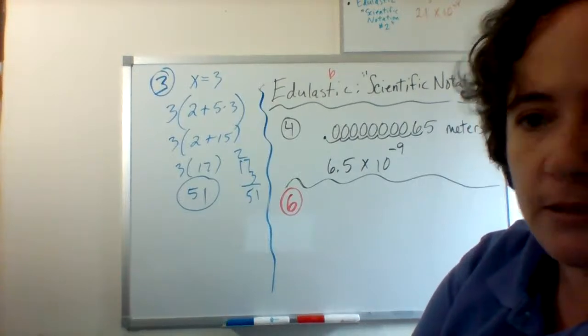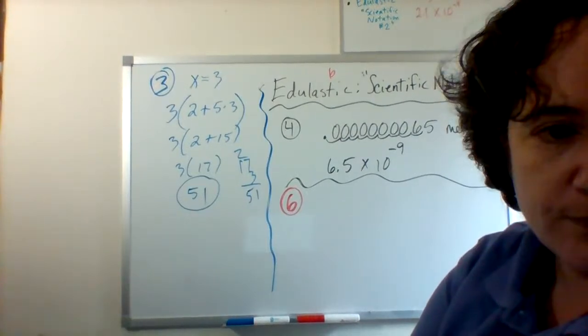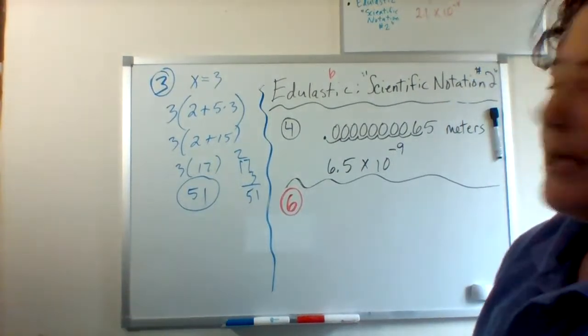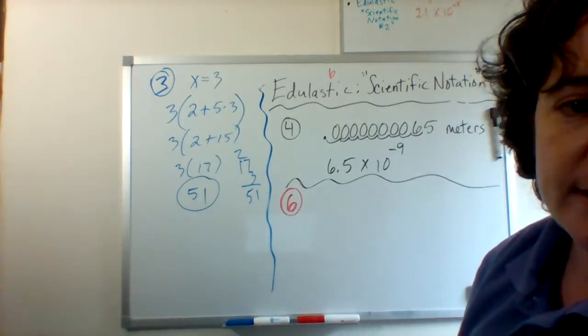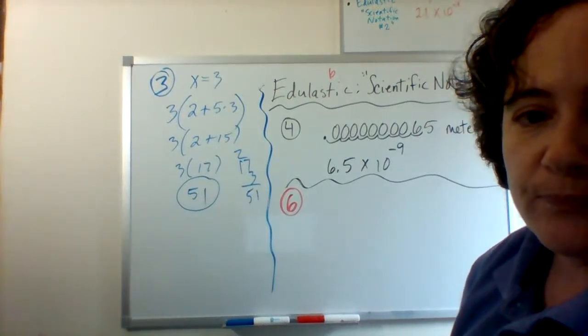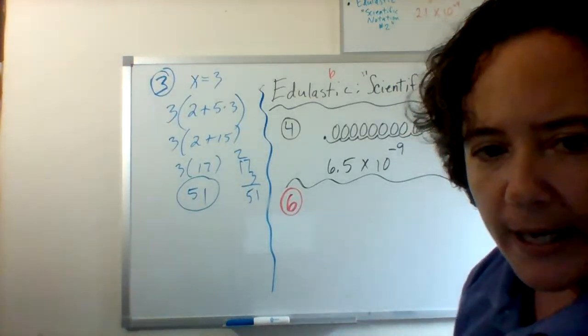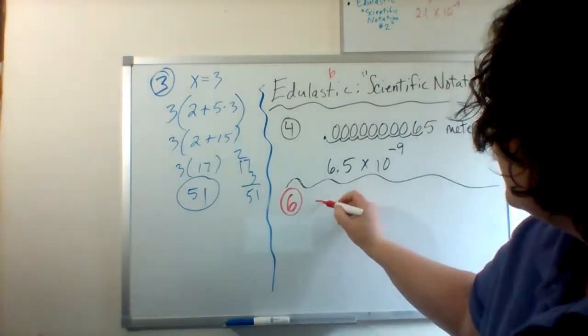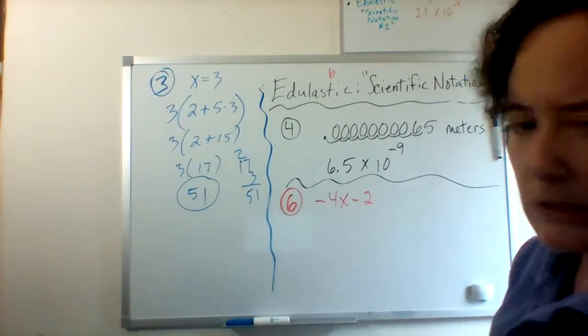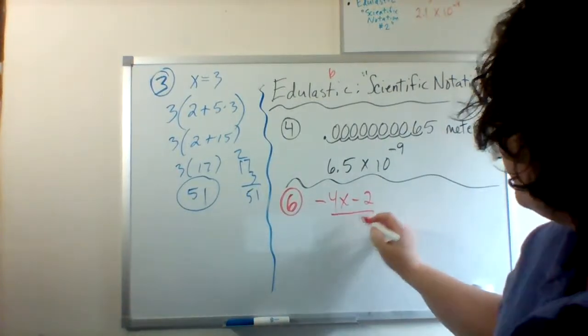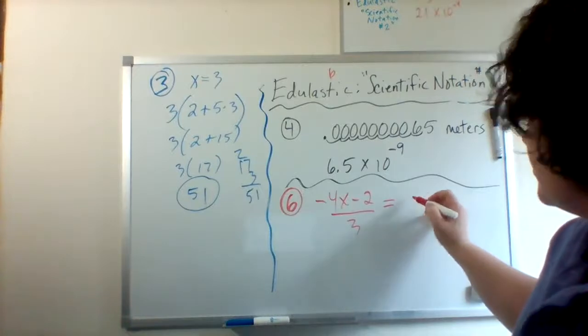All right, number 6. It says, what value of x satisfies the equation negative 4x minus 2 over 3 equals 6.